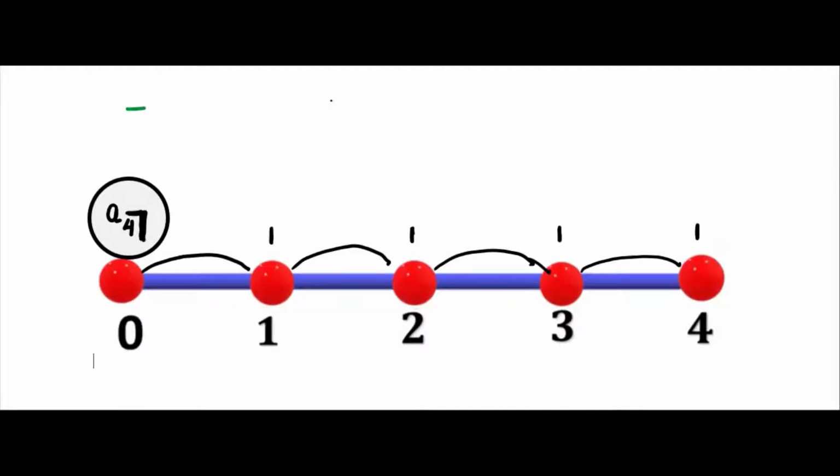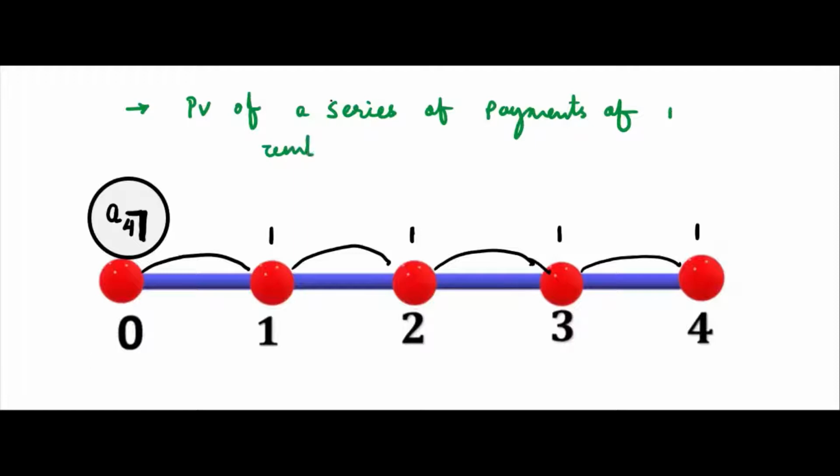You can write here, this is the present value. The language is very important. Present value of a series of payments of 1 unit of money payable once.